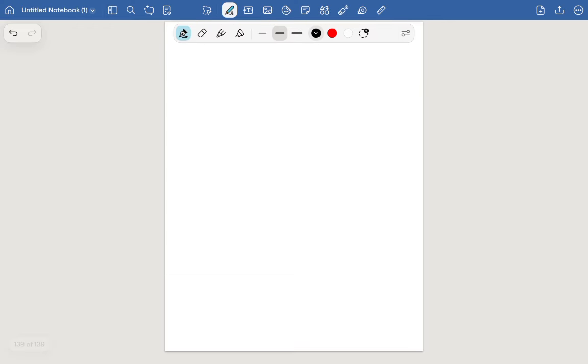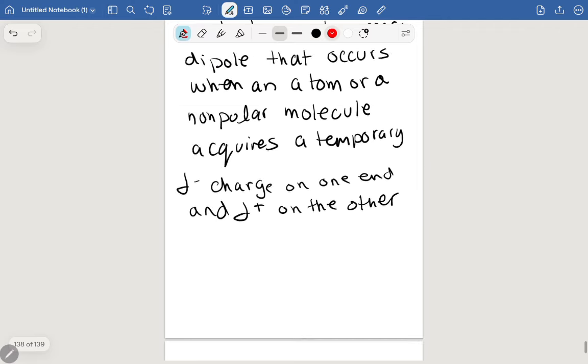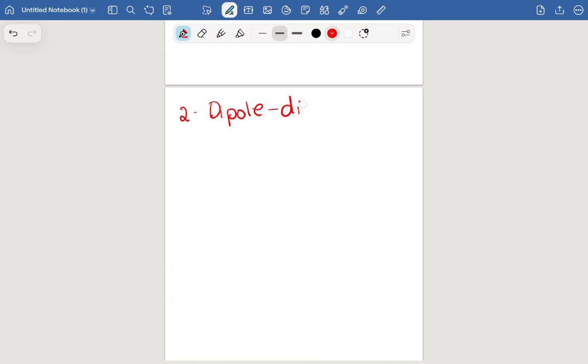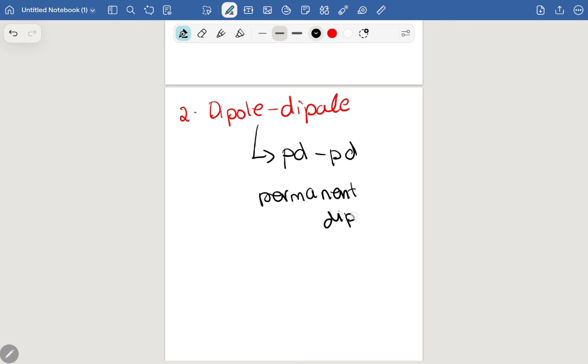Now, the second type of van der Waals force is the dipole-dipole. Of course, the type of bond is the permanent dipole, PD. We say PD twice because, I don't know why actually, but it's permanent dipole. Now, why do we call it a permanent dipole?